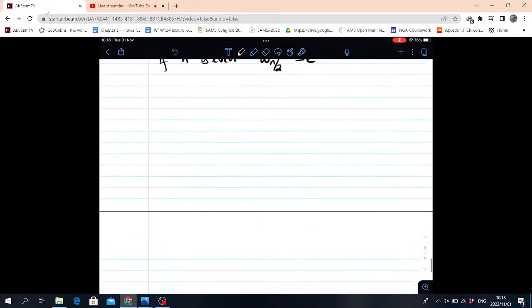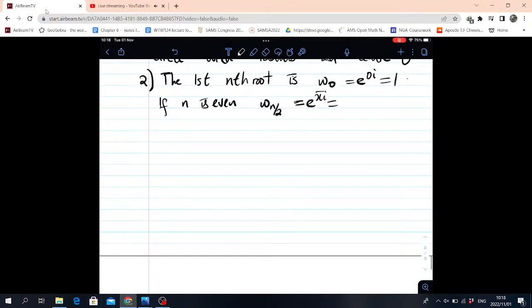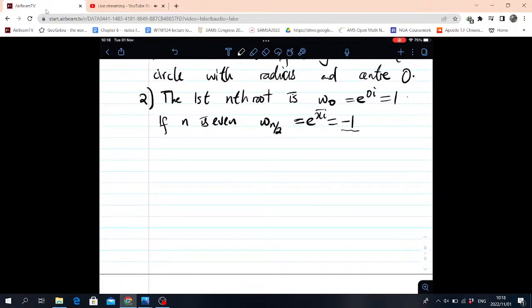So we get e to the pi i, which is the complex number minus 1. So part of that is the fact that all the real nth roots of 1 will also be complex nth roots of 1, right?